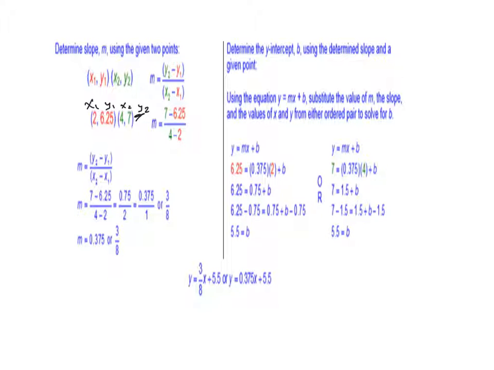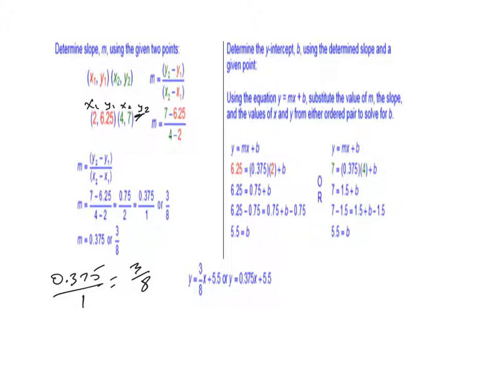Let me write this where you can see it. So this will be 0.375 to 1. Or we can put this in a fraction by saying just simply 3/8. So decimal wise, this is slope, or fraction wise, this is slope.